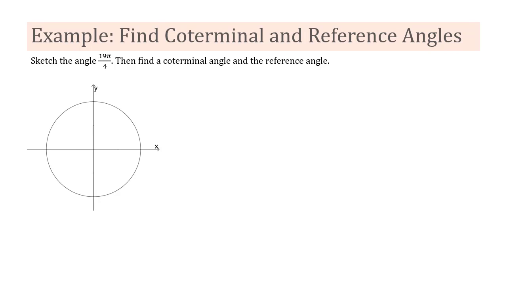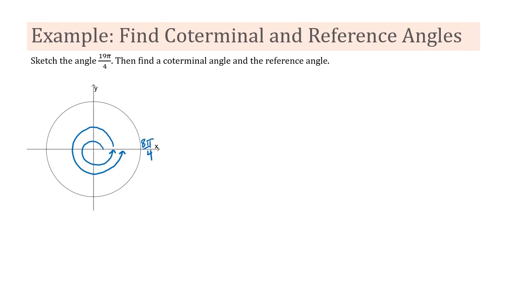One full revolution around the circle is 2 pi, but in fourths, that is 8 pi over 4. If I do another revolution, that's going to be 16 pi over 4.